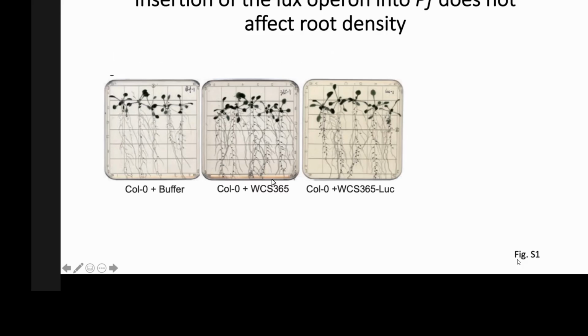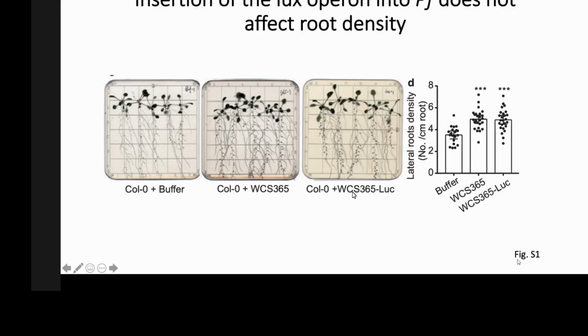This is just the bacterium without the lux operon, and then the bacteria with the lux operon, and they saw that there was basically no difference in lateral root density with the lux operon. And then here's just a quantification of that. So this is lateral root density for buffer. We see that there's less, but with the lux operon present, there's no difference. So this was kind of just a check.